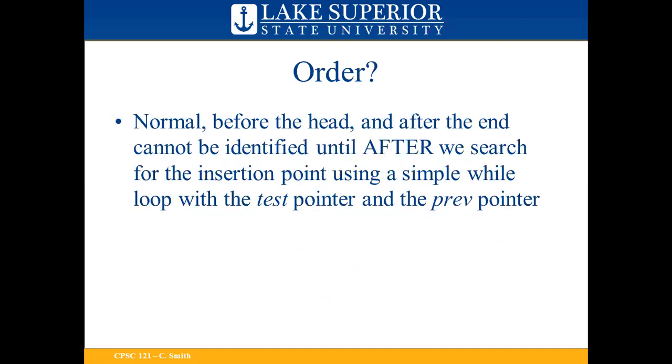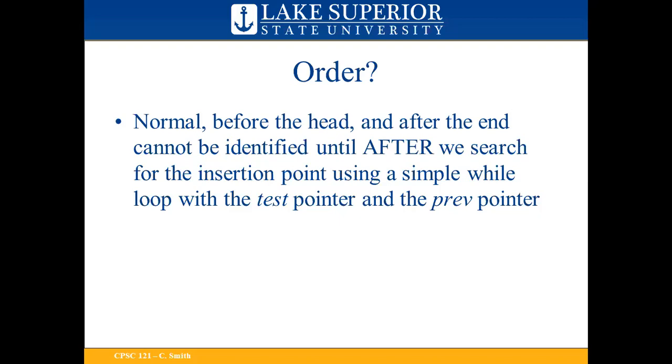Normal, before the head and after the end can't be identified until after we search for the insertion point using a simple while loop. And we're going to use two pointers, a test pointer and a previous pointer. So the test pointer is going to start off at head. The previous pointer is going to start at null.